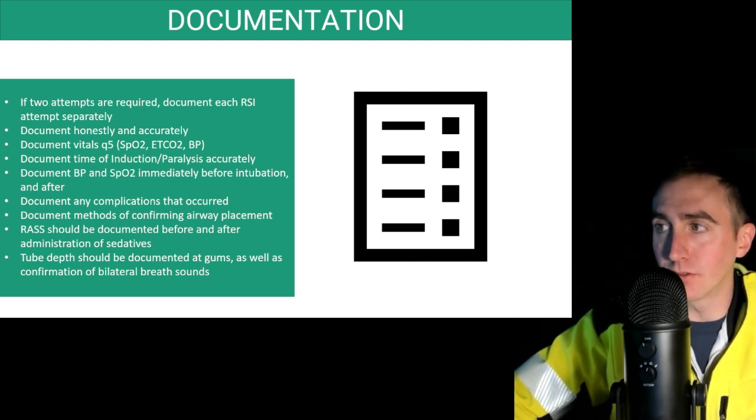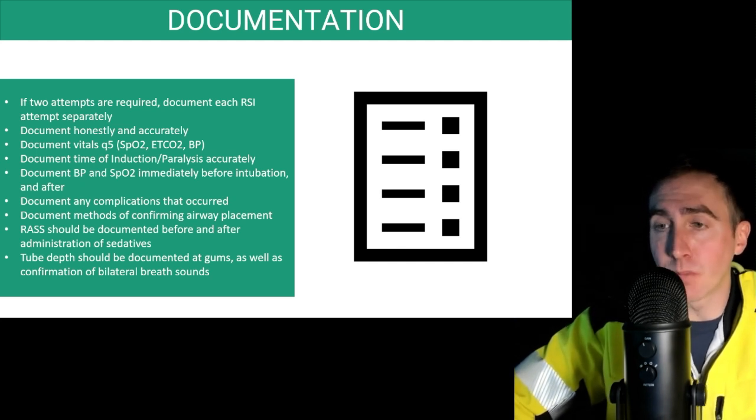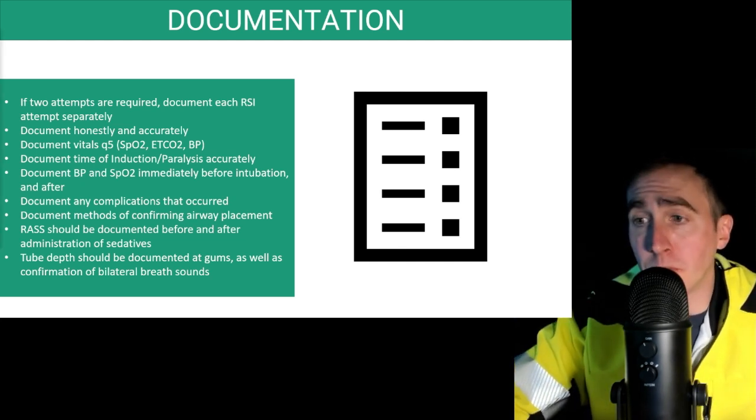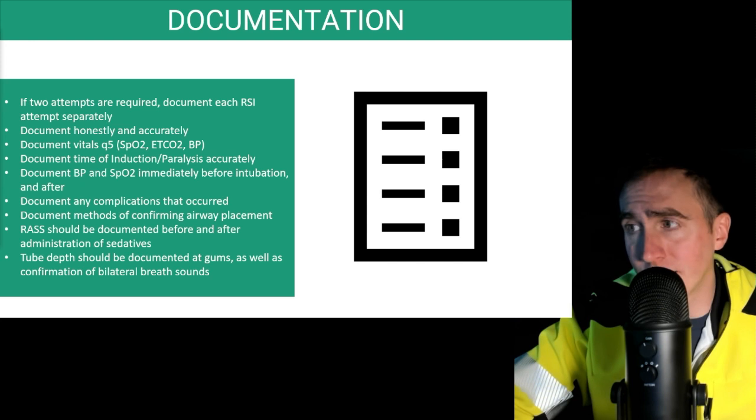Document vitals regularly. You're going to have to keep track of everything. If you want to use the event tab on the monitor, that's fine. You need to document the time that you administered the induction accurately and the time that you administered the paralytic accurately. If you give them in quick succession, it's pretty easy to document that time with one event plus a few seconds, 10 or 15 seconds.